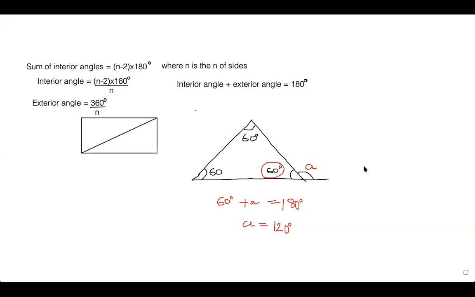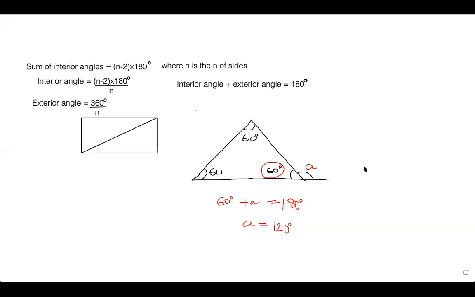But she was asking, when you're given the interior angle or exterior angle, how do you obtain the number of sides? There are a number of ways. If you're given the interior angle, one can first find the exterior angle using the formula interior angle plus exterior angle equals 180.